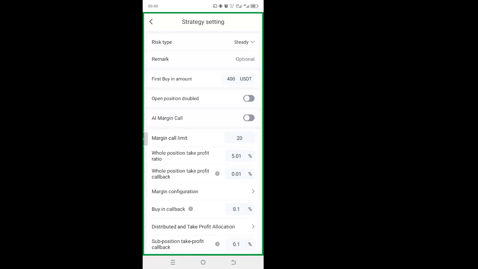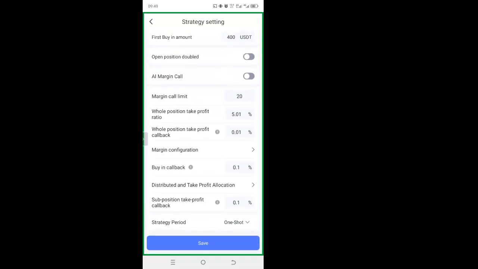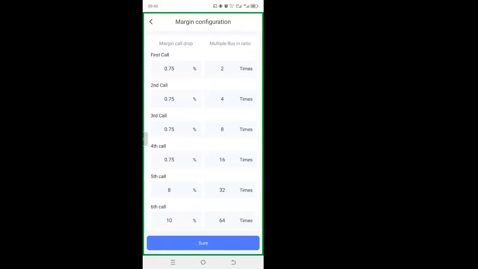After here, you start your trade immediately. Wait, we are still setting this. Now here you're just setting a strategy and you will go and apply the other side.